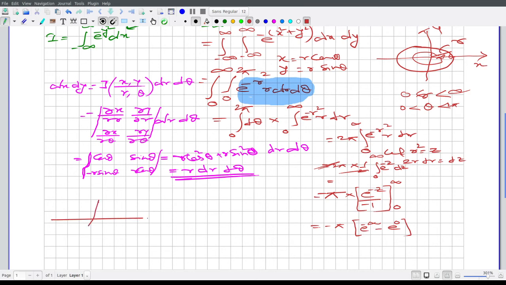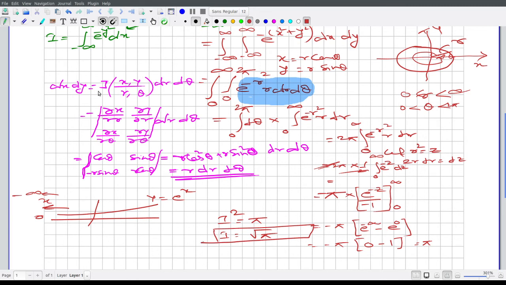We know y equals e to the power x, and when x tends to minus infinity, this value tends to 0. So the value becomes minus pi times 0 minus 1, so this value will become pi.